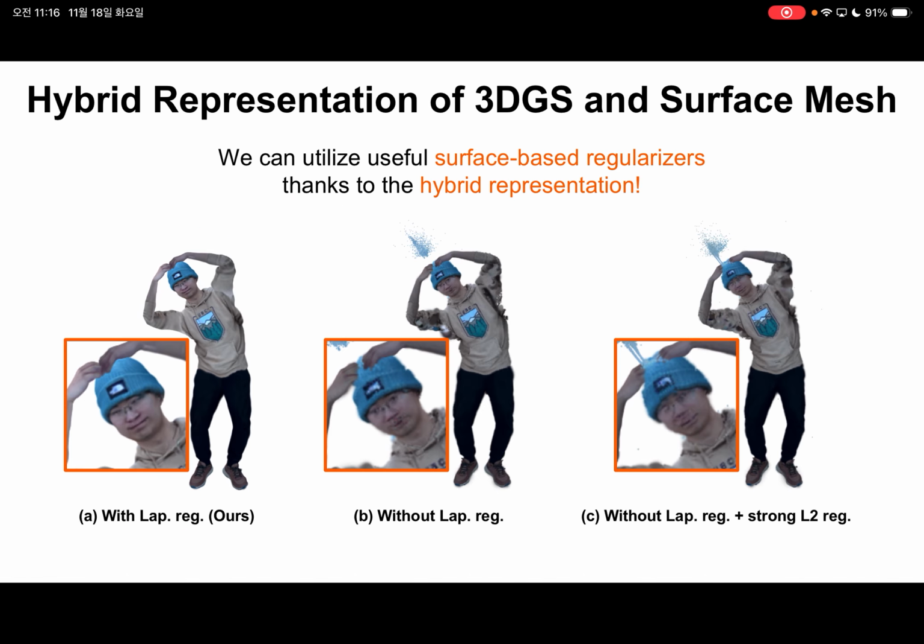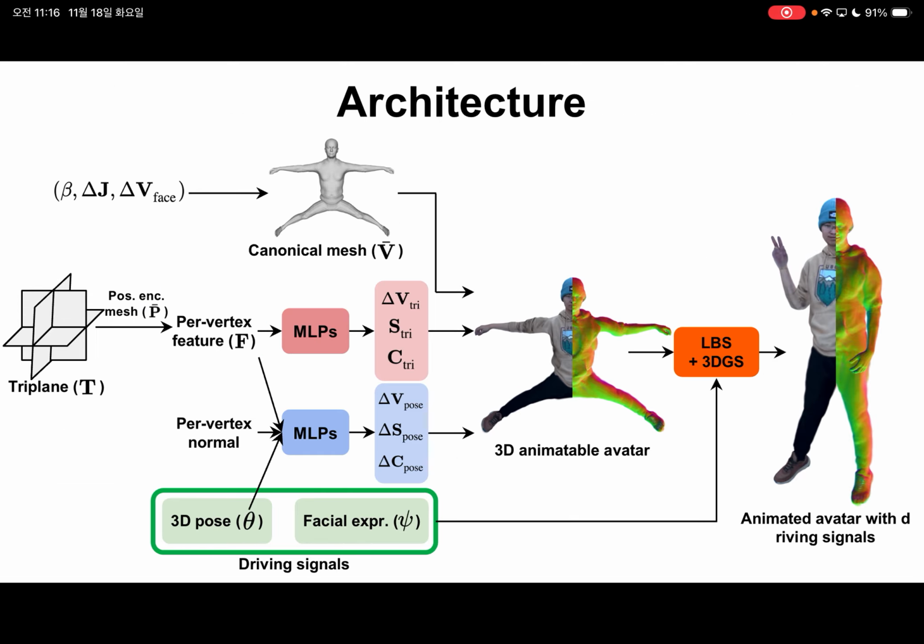So this shows the effectiveness of the combination of 3D Gaussian splatting and surface mesh. As you can see, there are bumpy geometry and ugly texture, but here it's a smooth geometry and texture. And the architecture, you do not have to memorize this paper. You can just understand what is happening in this paper.